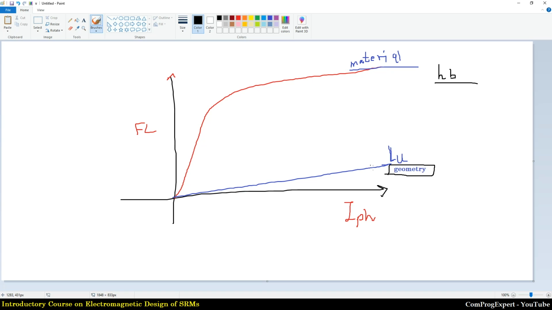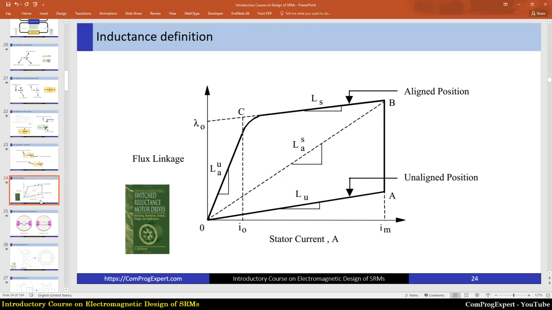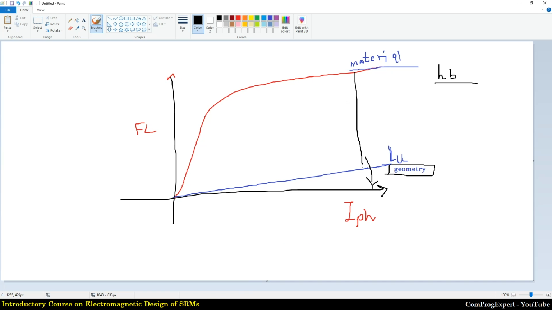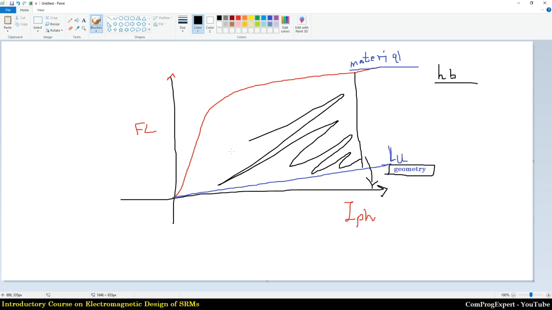So how much we can optimize the motor, how much we can reduce the slope of the unaligned flux linkage curve. We have this aligned saturated inductance and this unaligned value. As long as we can increase the area between the aligned flux linkage curve and unaligned flux linkage curve, we can generate more electric torque, right?